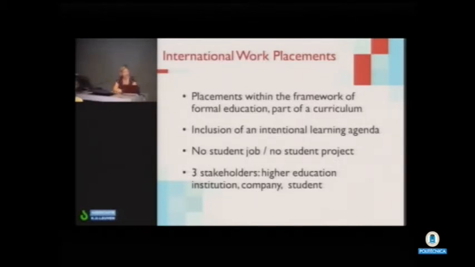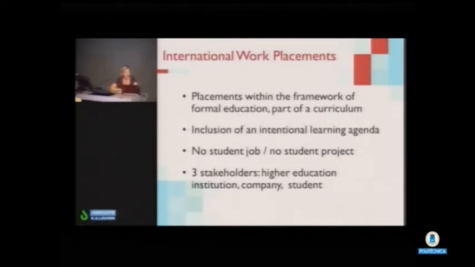The student receives credits for it. This means that there will always be an intentional learning agenda as part of this experience. So for us, it's not the same as a student job, and we also want to say that it's something different from a student project, in the sense that the goal is that the student becomes part of an organization or a company for a while and really gets that professional experience.